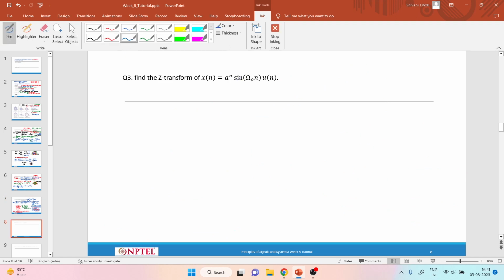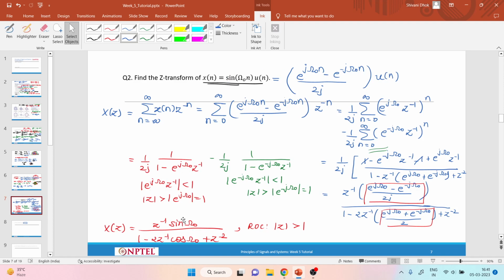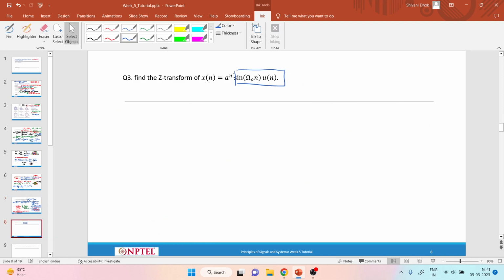Now let us look at the next question, and here my signal is x of n equals a power n sine omega naught n u of n. Now this z transform of this part we have seen earlier. We have seen it here. So can we do something so that we can make use of that term which we had derived earlier?